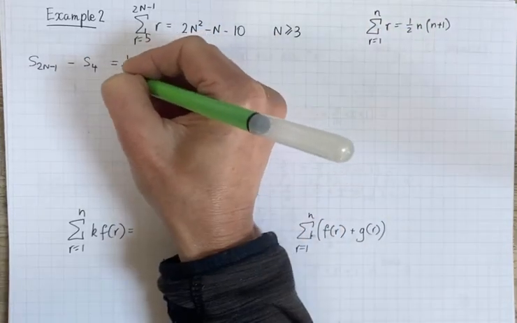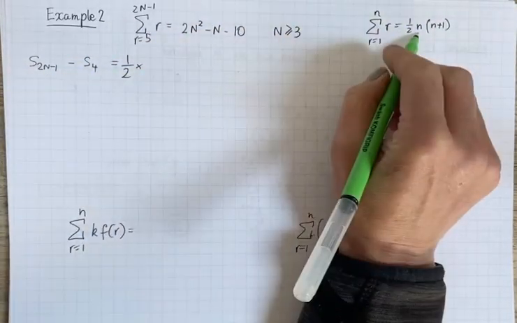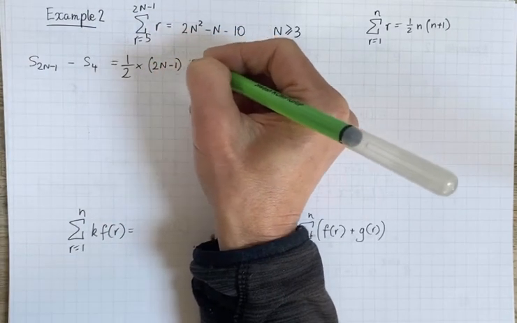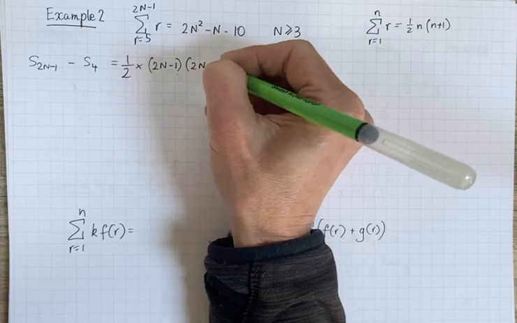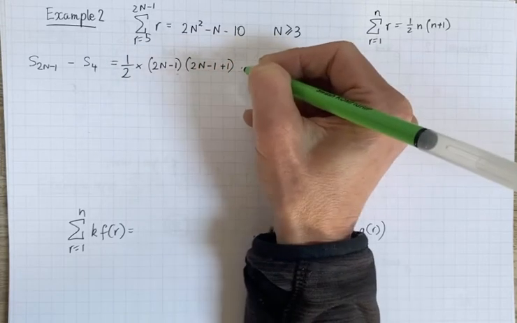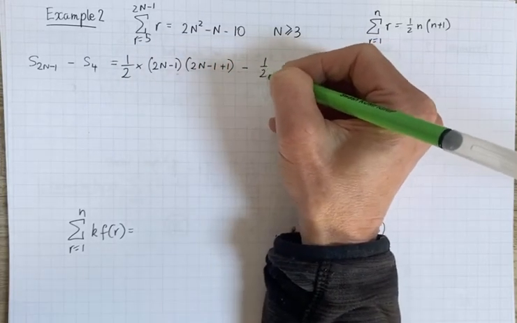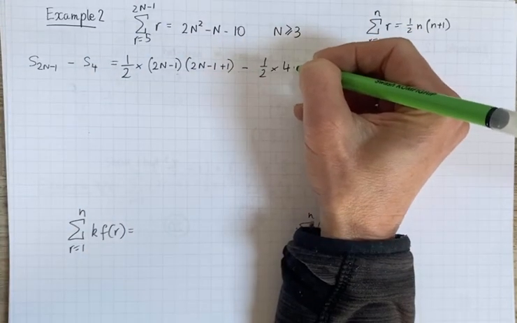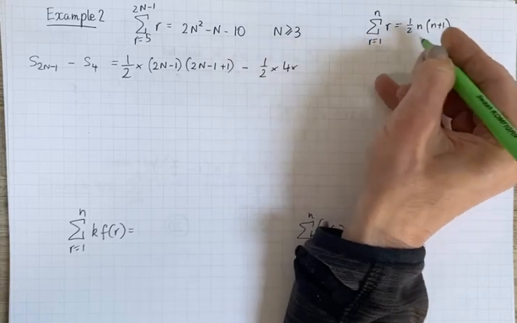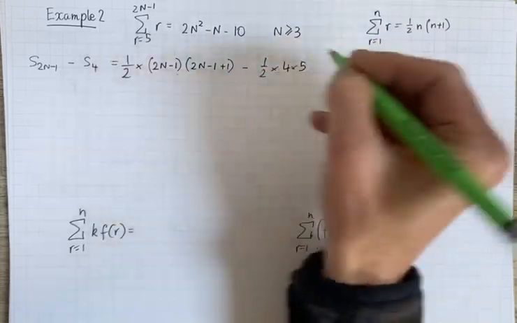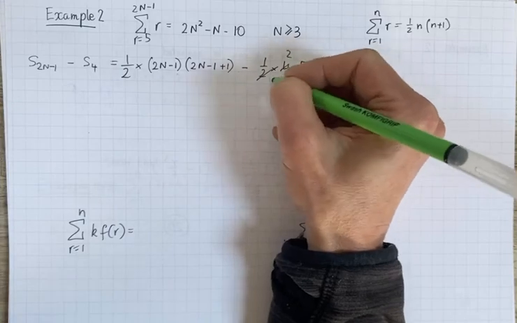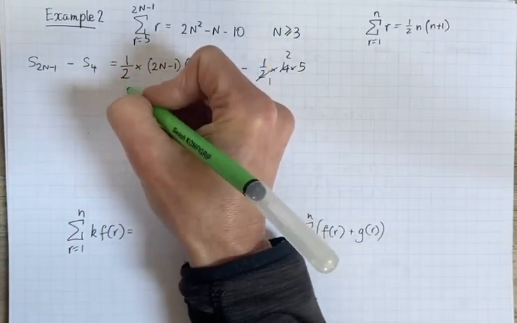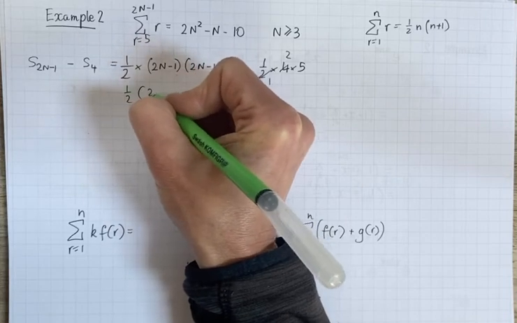So we've got a half times our first n, which is 2n minus 1, and then you've got 2n minus 1 plus 1, minus a half of, we've got our n is 4 times 4 plus 1, which is 5. So this one will go to 10. This one here, you are going to have to just tidy this bracket up.